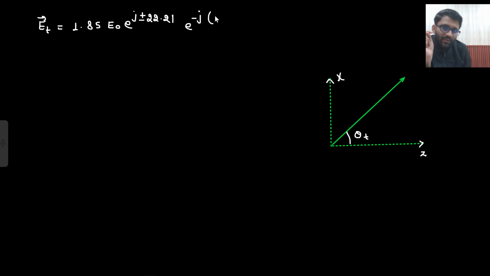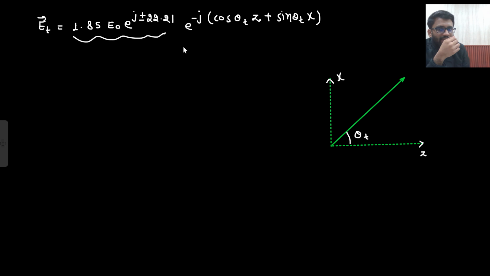Cos theta t z plus sin theta t x. Did you understand what I did here? Look, this is how I will write down the amplitude, because my incident field is E naught. So what will be my transmitted field? Because I know the transmission coefficient, which is 1.85 e to the power minus j something. So that I have written 1.85.